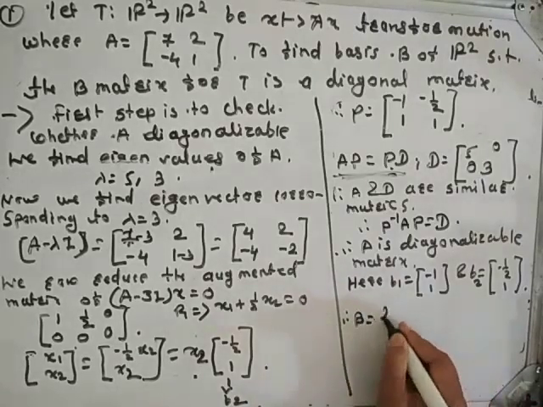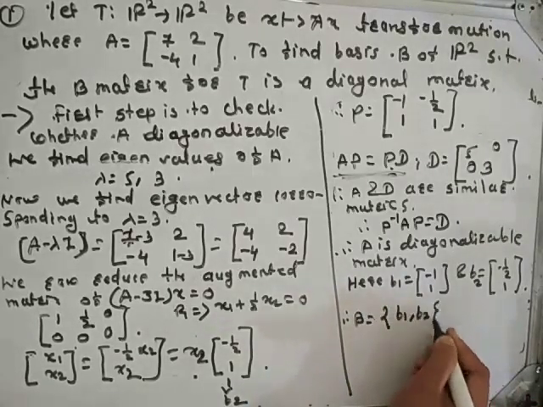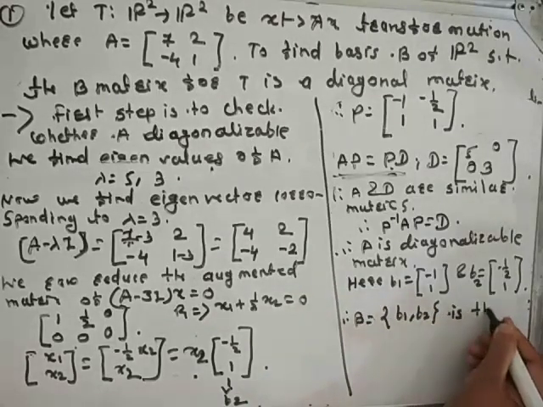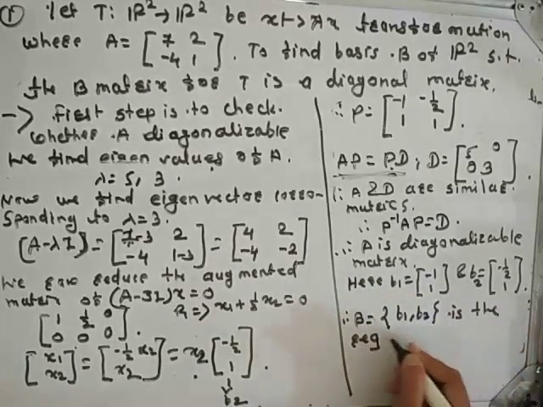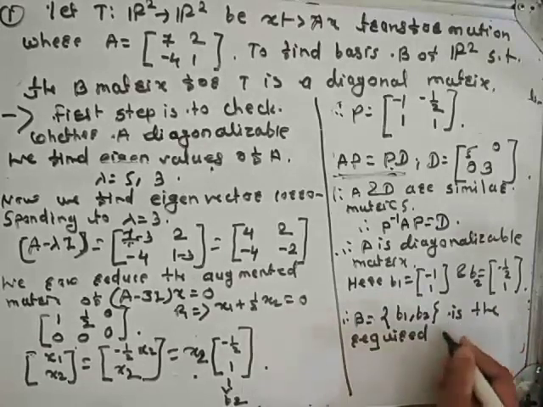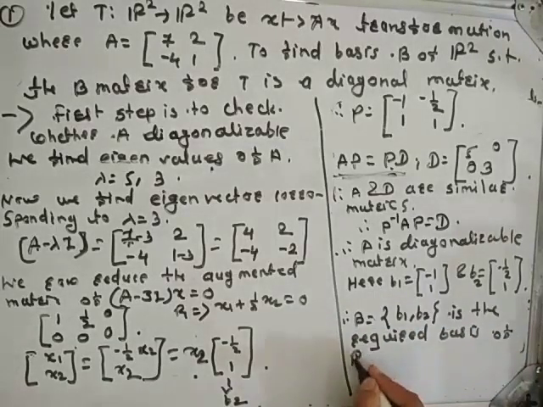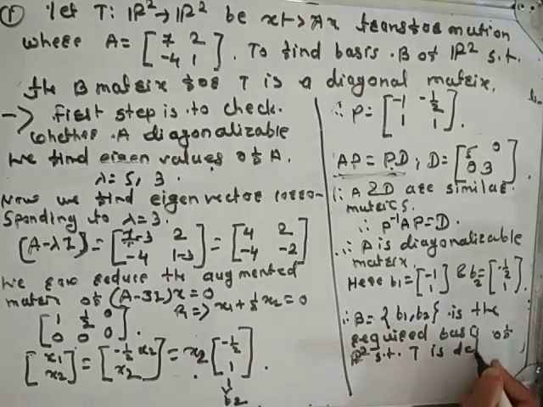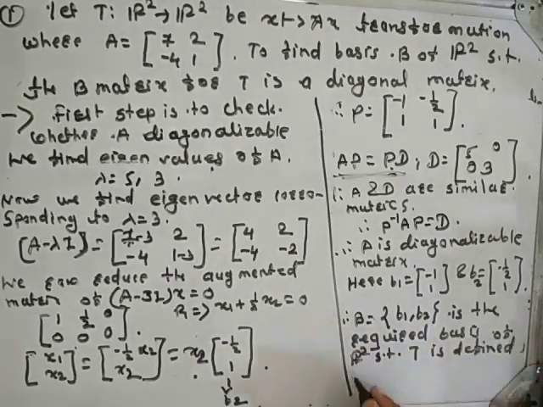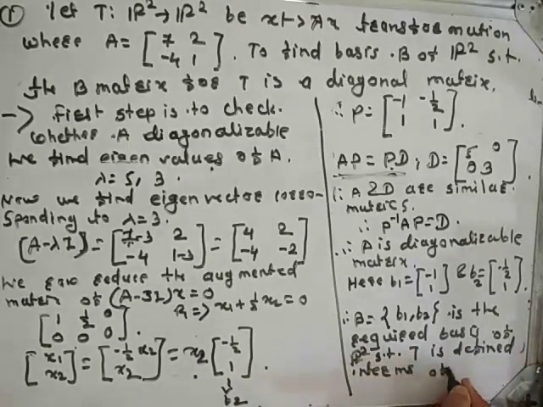Therefore, B equals the set b1, b2 is the required basis of R2 such that T is defined in terms of a diagonal matrix.